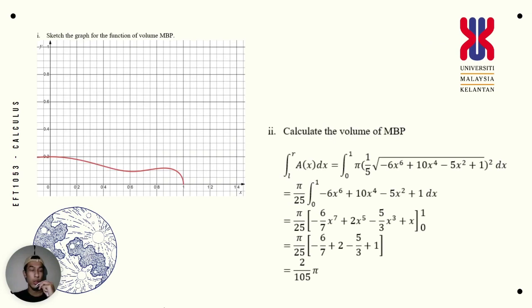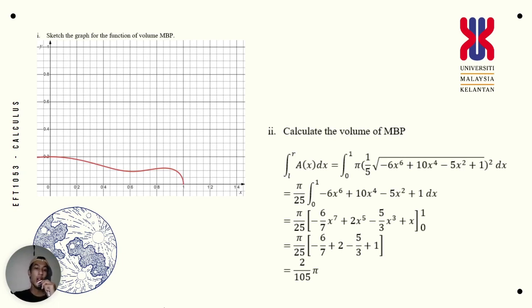So for the first question, we need to sketch the graph for the function of the MBP. So this is the graph that we already sketched, y over x. So the next question is we need to calculate the volume of MBP.